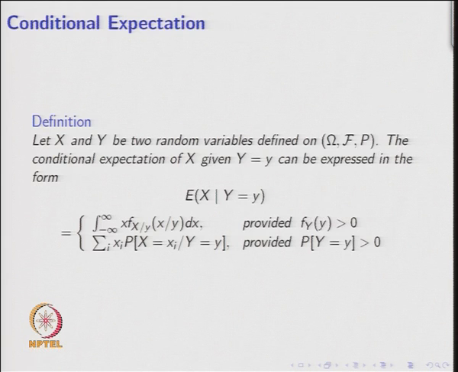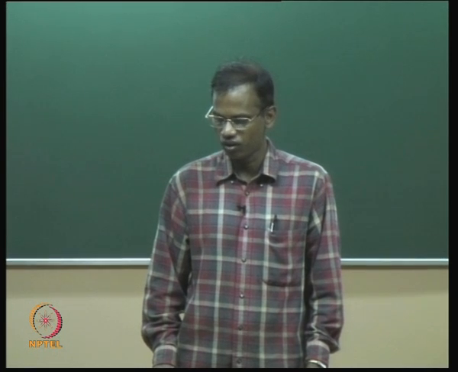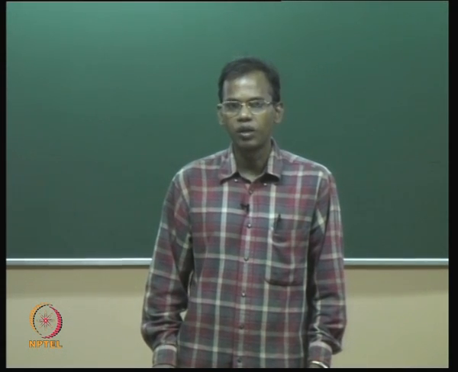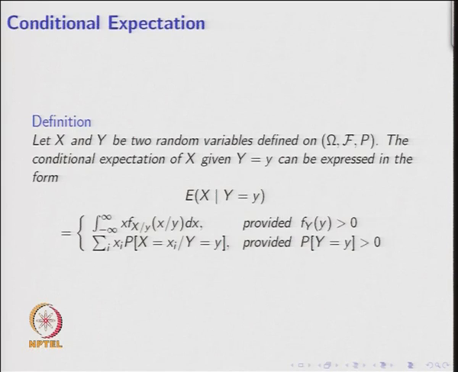If that is the case, and we assume that both the random variables are continuous, then we have a probability density function, and the integration is with respect to x multiplied by the conditional probability density function of X given Y. Suppose both the random variables are discrete, then this conditional expectation of X given Y can be expressed in the form of the summation of x_i times the probability that X takes the value x_i given that Y takes the value small y.